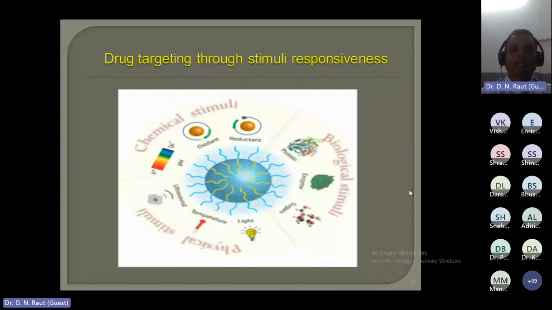So these are the drug targeting. Another aspect of nanotechnology is that we could target the drug through the stimuli-responsive properties of the drug.